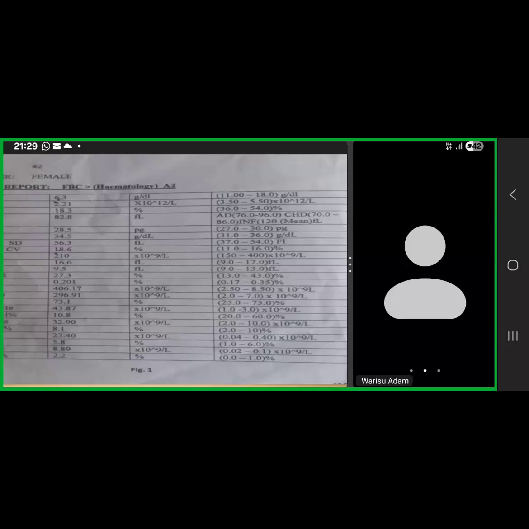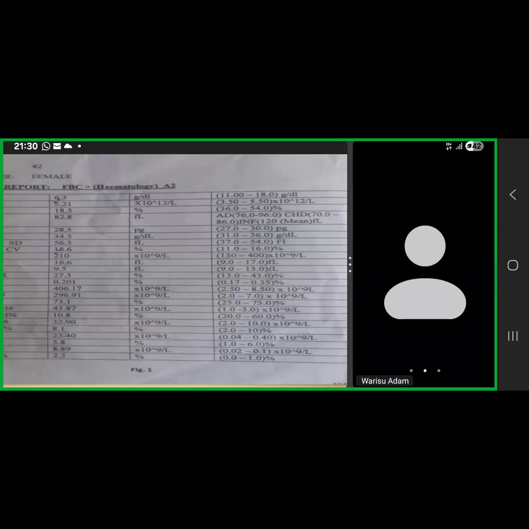So what you need to be thinking through is why the person is getting bacterial infection. You get it? Why is the person getting recurrent infections? It's a why you should be talking about, because you have been told already that there are recurrent infections and there is anemia. So why would the person be getting recurrent infection?